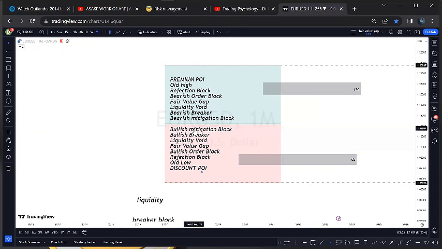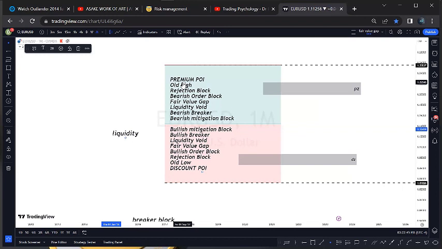Remember, your old high and your old low are your external liquidity. So inside that old low and old high, what are you looking for? You are looking for a rejection block, bearish order block, fair value gap, all the way down to mitigation block.